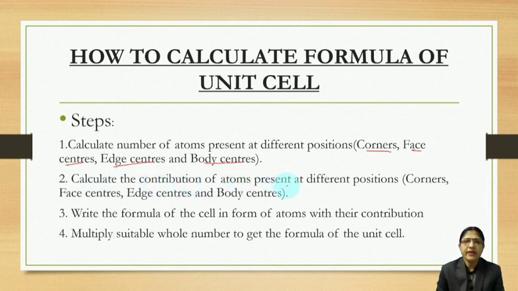The contribution of atoms present at different positions. There's corners, face center, edge center and body center. Then step 3, write the formula of the cell in form of atoms with their contribution, right? Then last step, multiply suitable whole number to get the formula of the unit cell. So dear students, we have to follow these steps to find out the formula of unit cell.